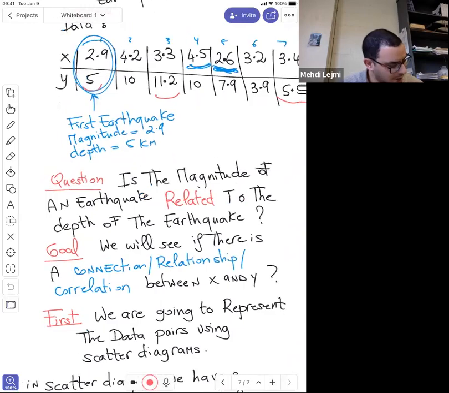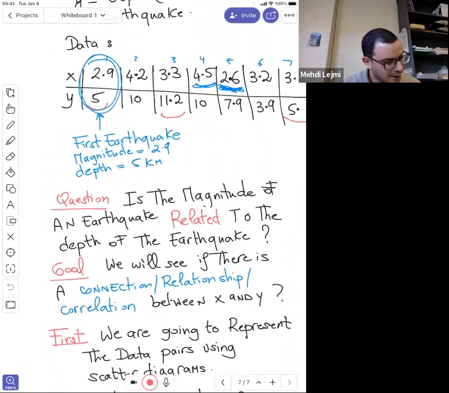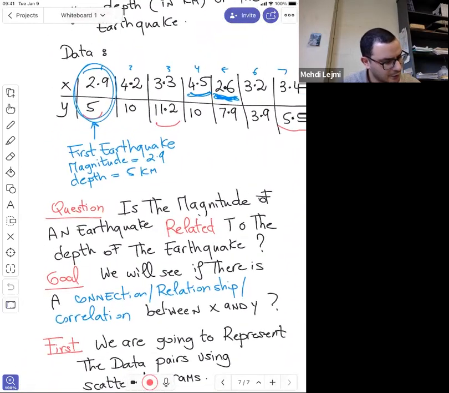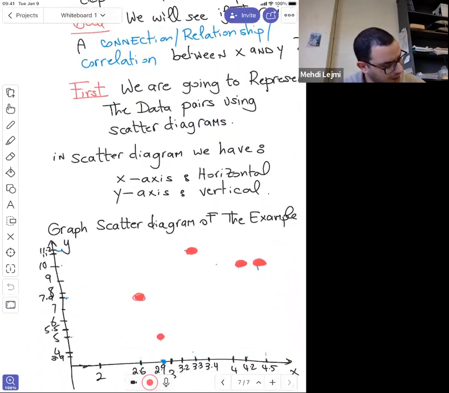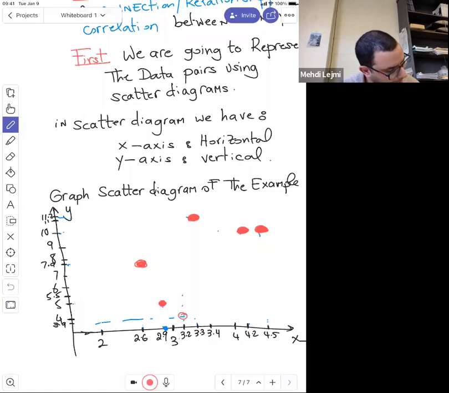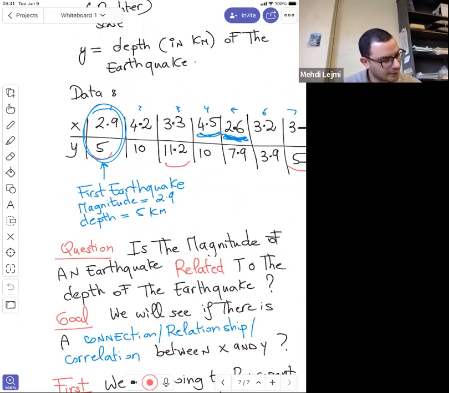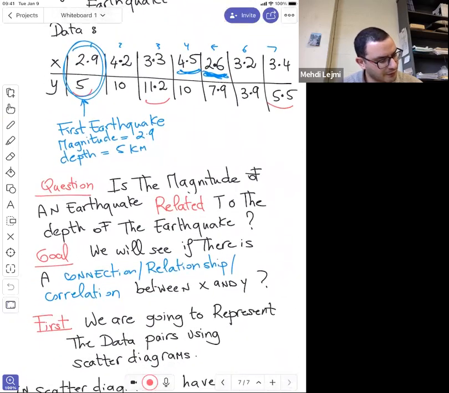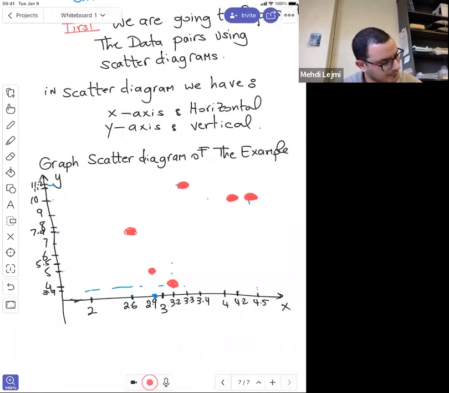So the next value is 3.2 and 3.9. So 3.2 is right here, and 3.9 right here. So we're going to have this point. And finally, 3.4 and 5.5.